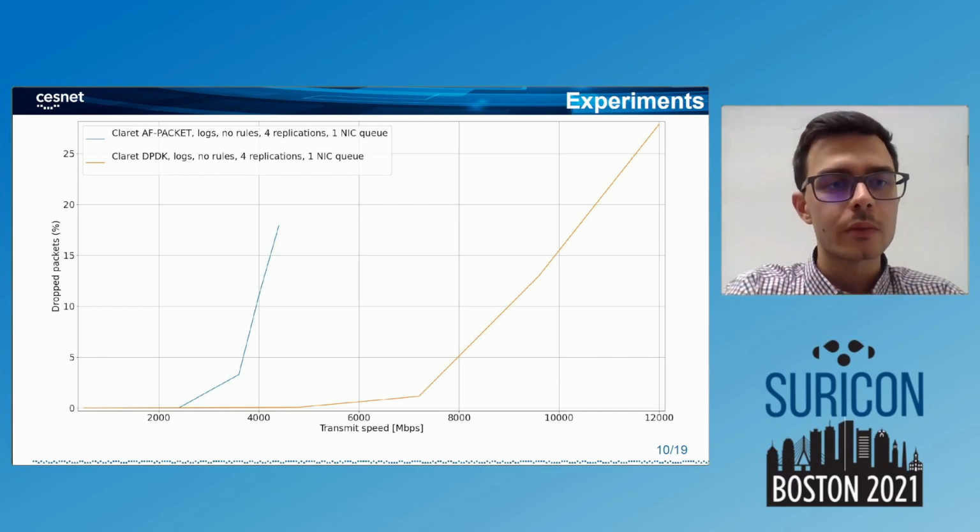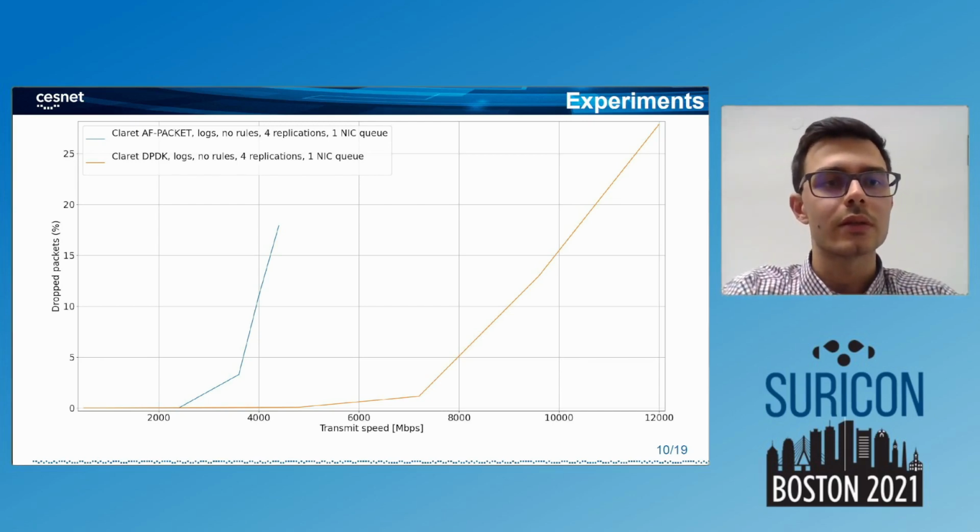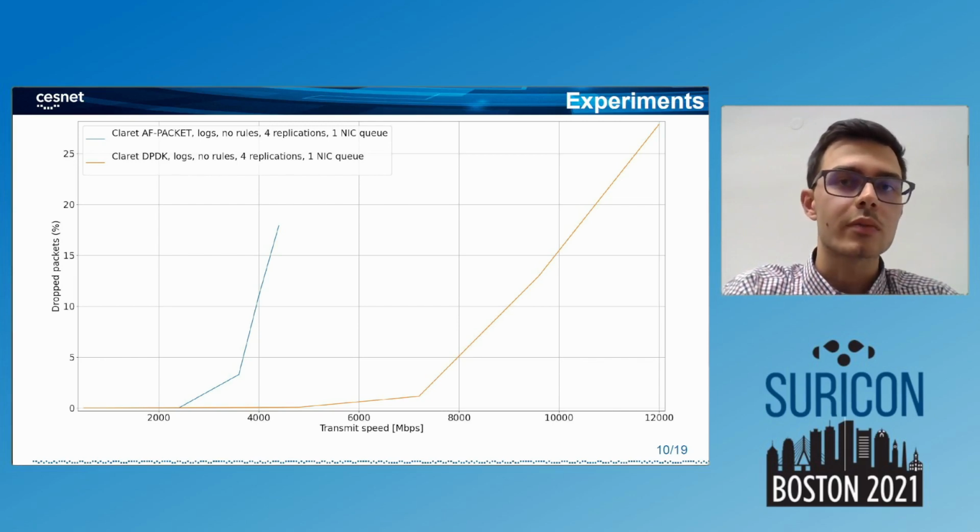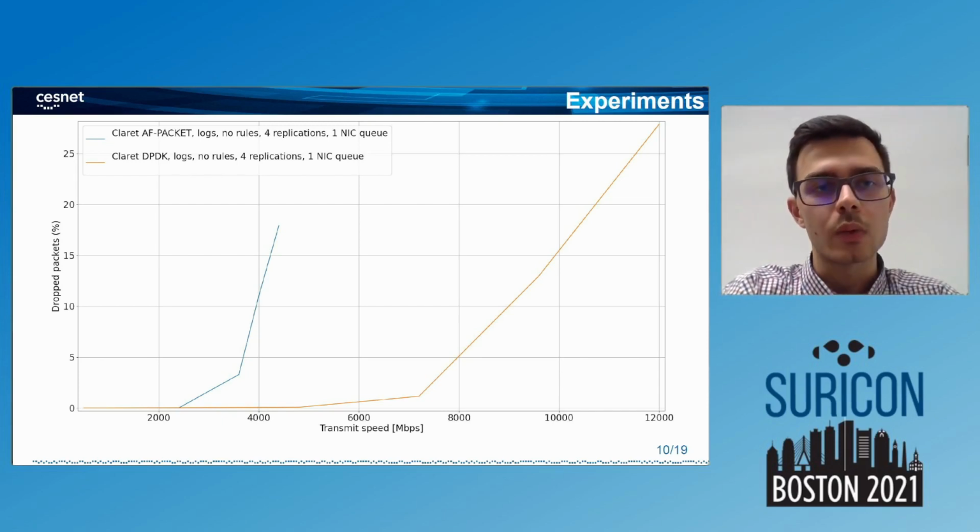Now, if some of you notice that these speeds are quite high, it's important to note that these results are measured with no rules enabled. And these experiments were done on one NIC, as is shown in the description. One NIC, as previously mentioned, is bound with one thread, so only one thread was enabled within these experiments.